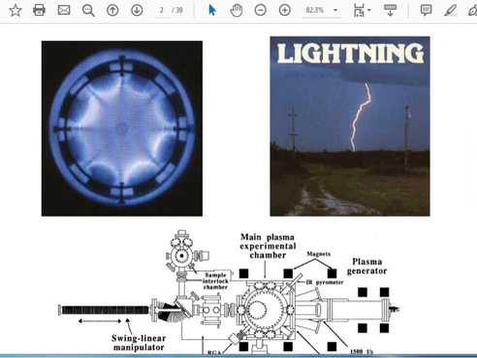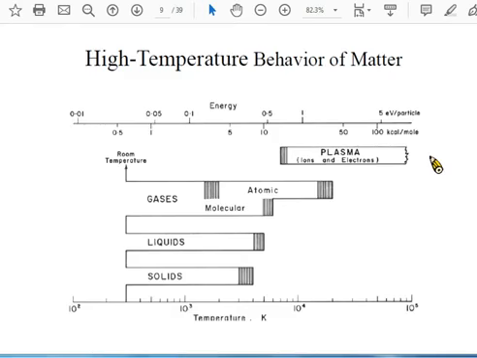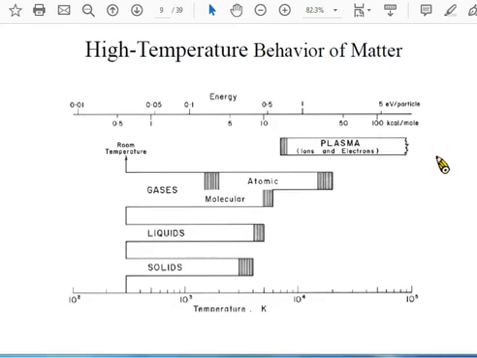We don't often see plasma on Earth, but sometimes we can see lightning, which is one type of plasma. And from this slide, we already know that there are four states of matter, and on Earth we often see the solid, liquid, and gas states.